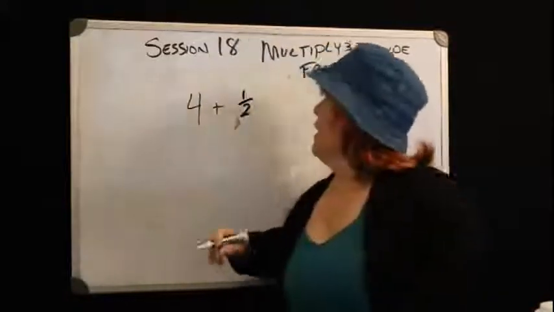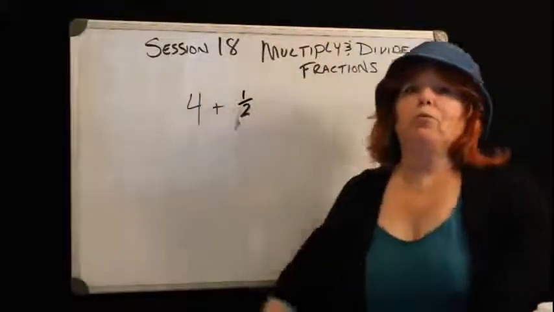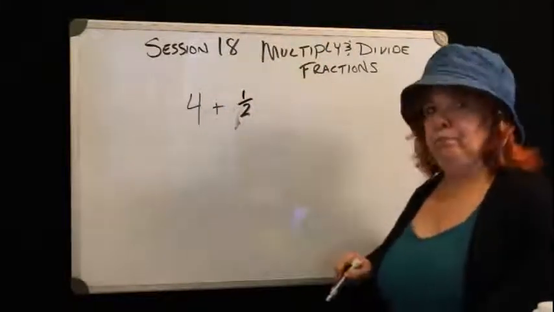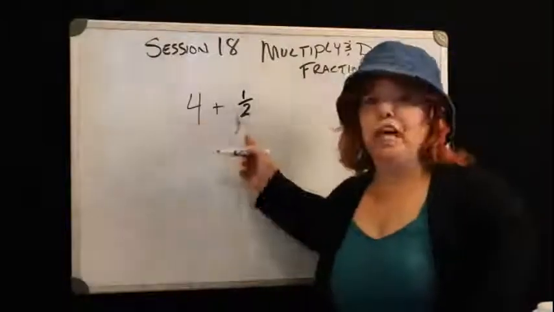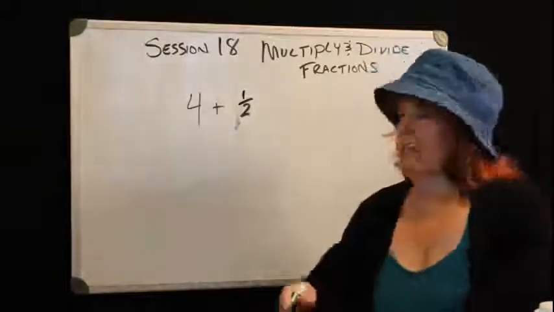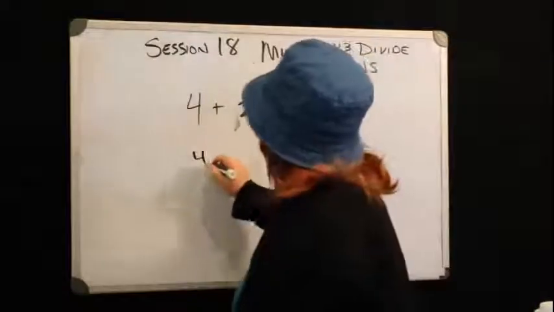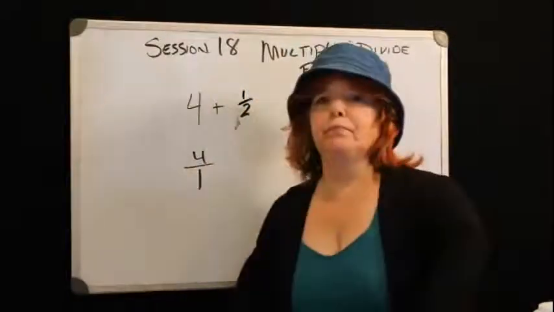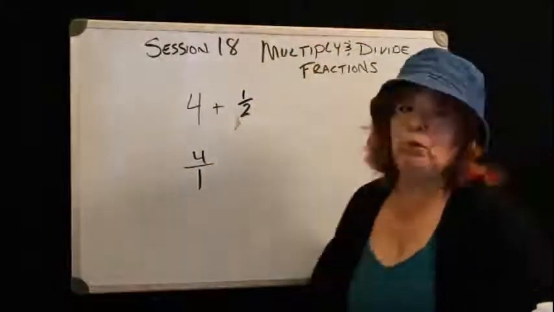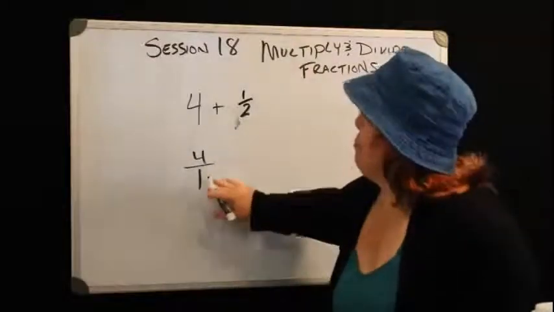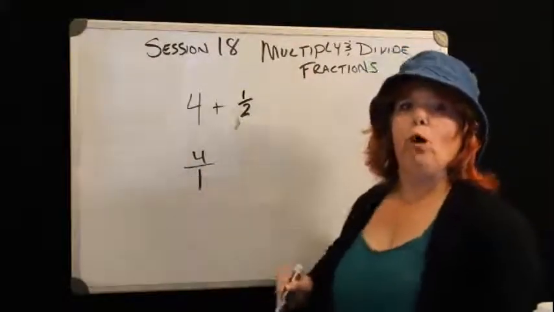All right. How do you add a whole number with a fraction? Well, in order to do that, you need to convert it. So, 4 over 1. Whenever you have a whole number, you want to convert it to a fraction. You take that number and put it over 1.